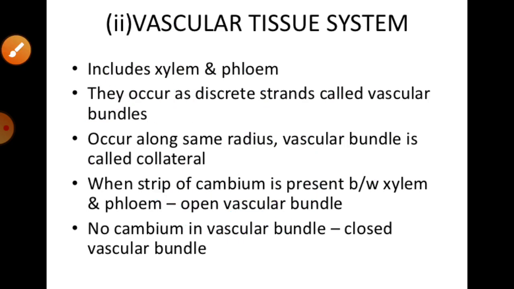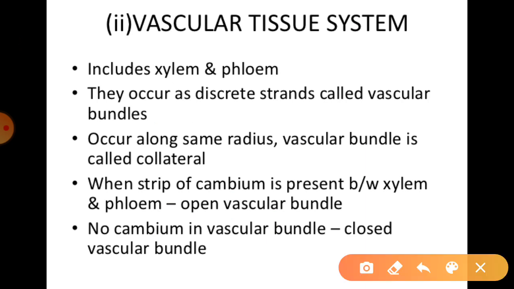On the other hand, there is the conjoint type of vascular bundle. Especially in the conjoint type, something is different. When the xylem and phloem are present together in the same bundle on the same radius, that is known as a conjoint bundle, right? They are found in the same bundles like this.